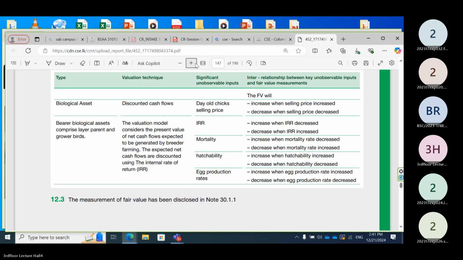Fine. With the competition, they are not ready to disclose that. Obviously, for mortality, hatchability, and egg production rate, we know that if it increases, IRR will decrease, and if it decreases, IRR will increase. That's obvious. No need to disclose that. Come on.